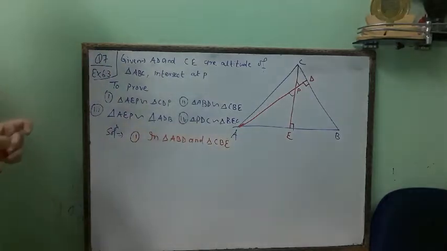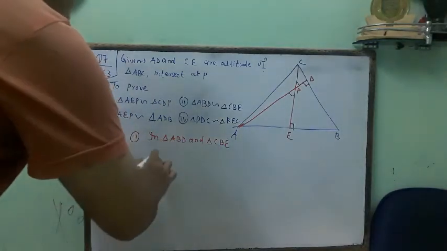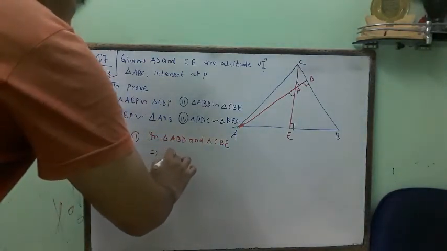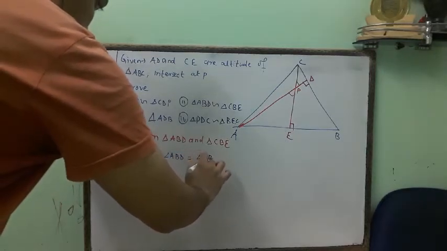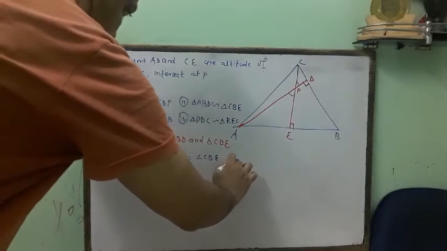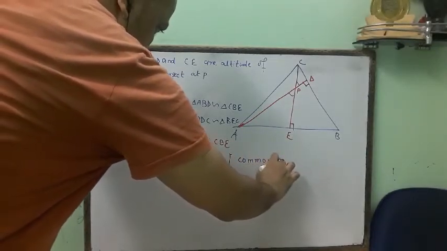We just have to make two angles equal so that the triangles will be similar. There is one angle that is common in both, so we will go for this one. Angle ABD is equal to angle CBE, that is, angle B is common in both.